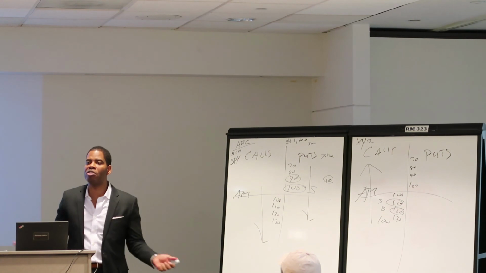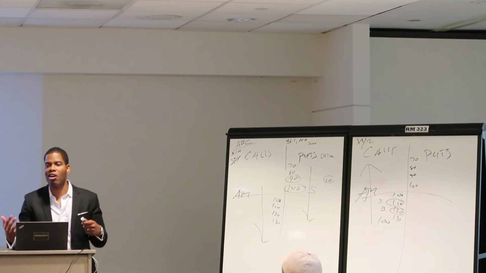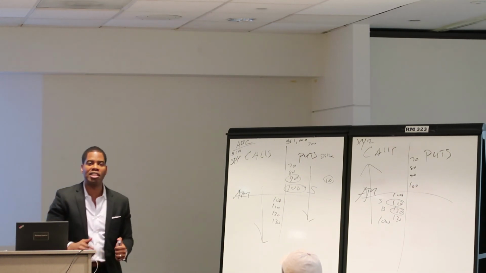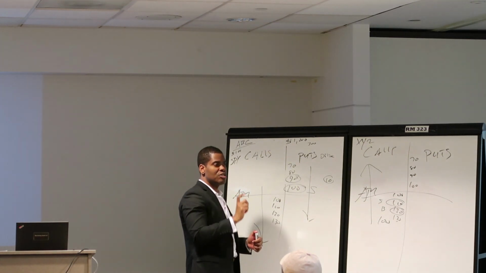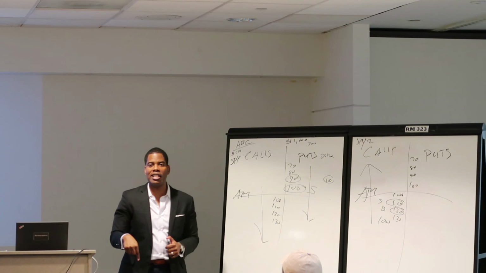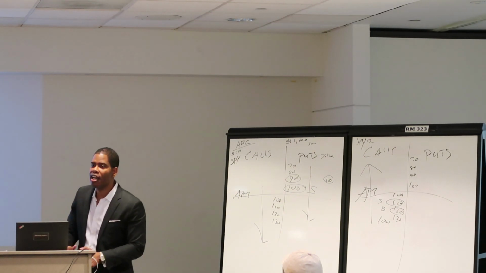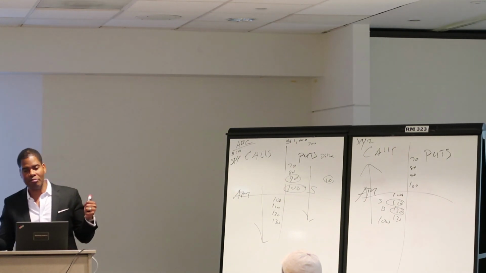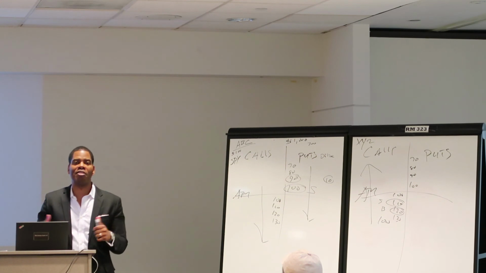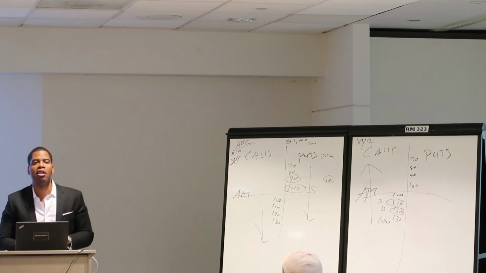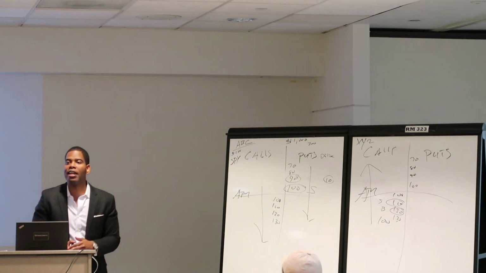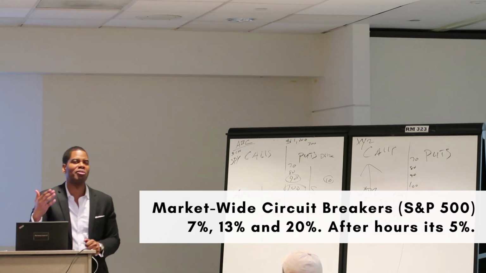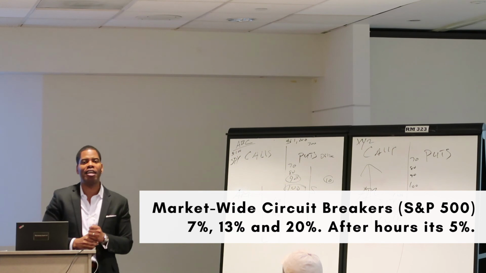They'll send you an email and say you have to clear up some stuff. You have to take off some things or add some more cash, because they don't want you to use too much leverage, right? They don't want you to lose more than twice your account at 20% down. A 20% move is very, very rare now with stock indexes, because you have circuit breakers, okay? You have circuit breakers at 7%, 10%, I think 15% or something like that, right?